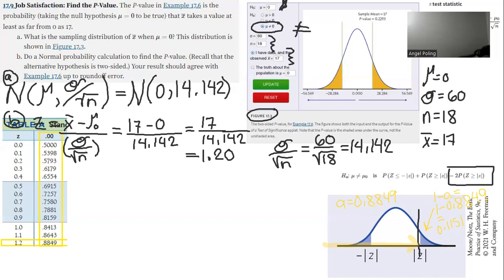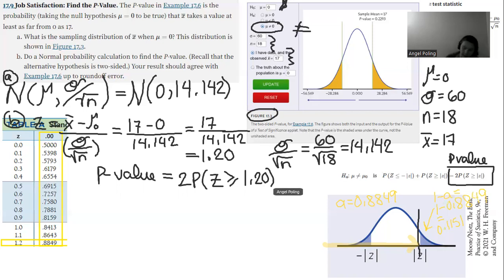Okay, now they give us how to find our p-value here. And the p-value in a two-tail is 2 times the probability that you get a z-score more extreme than our 1.20, because more extreme than means that you're in the critical regions that are shaded blue.